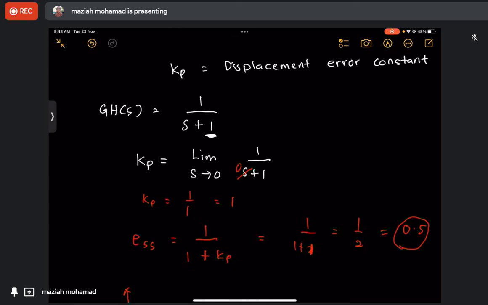Or another way is to look at the last term of the denominator. If it is a number, like 1, 2, 10, 100, then it is class 0. So this is an example of a class 0 transfer function.